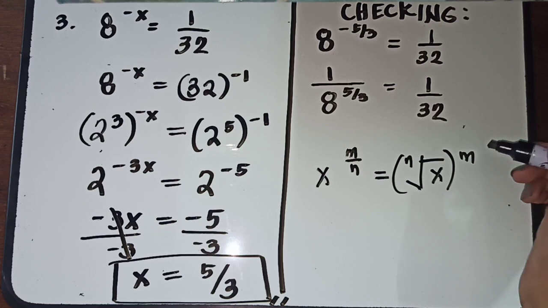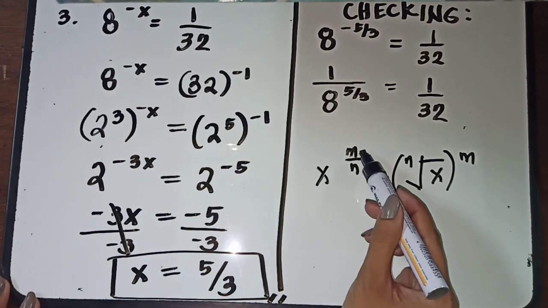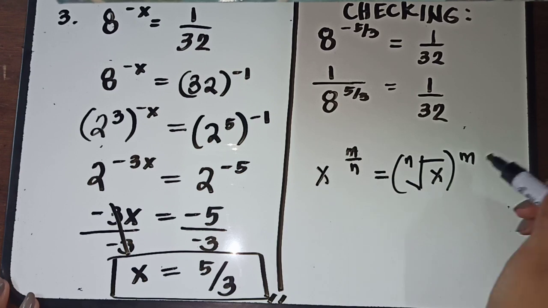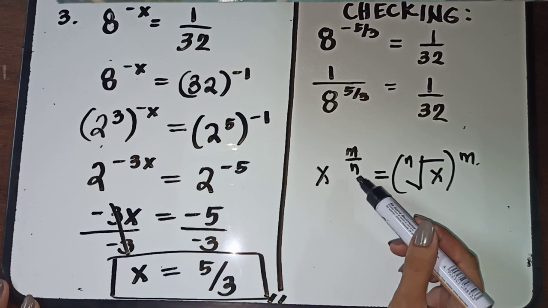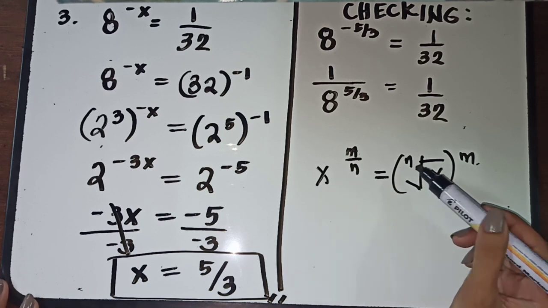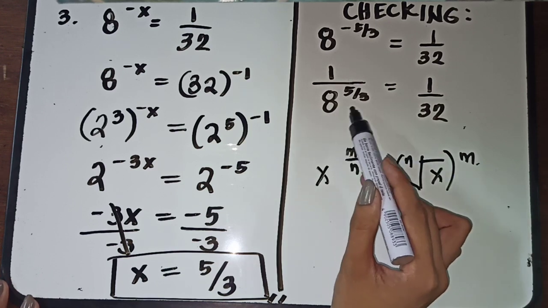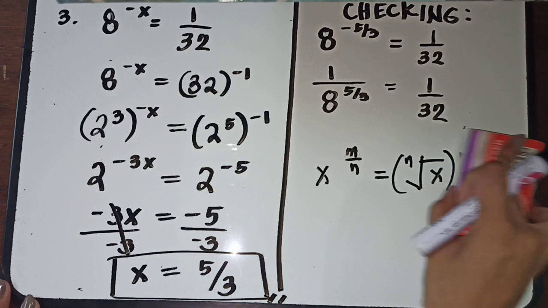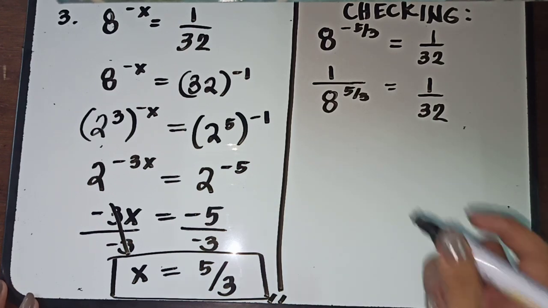So again, kapag po ang exponent natin ay fraction, yung numerator, which is m, yun yung magsisilbing exponent natin. And yung denominator, which is n, yun yung nth root. Okay? Or ito yung magsisilbing index. So ito, we have 8 raised to 5 over 3. So fraction po ang naging exponent.